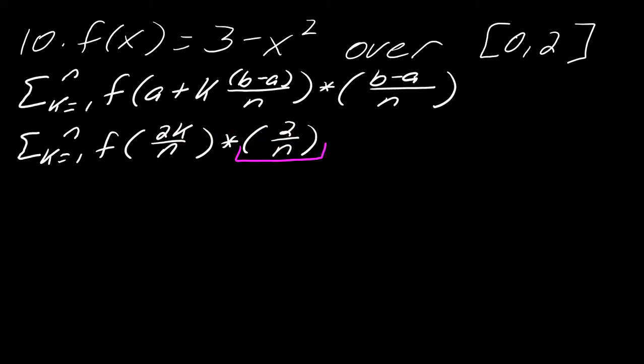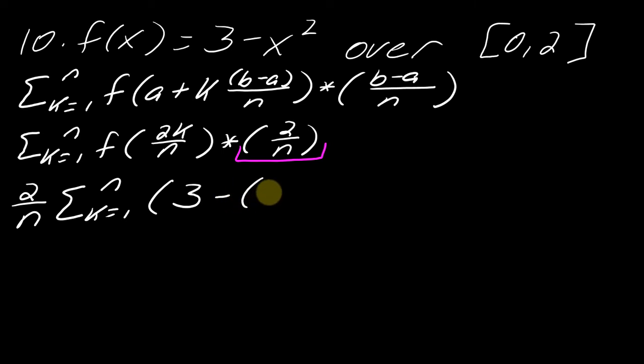My sum has to do with this k. So let's factor that out. So this will be 2 over n. Now this comes out to my function: I'm going to plug in 2k over n into the x squared spot. So this becomes 3 minus 2k over n squared.